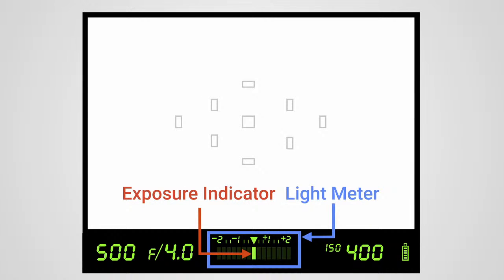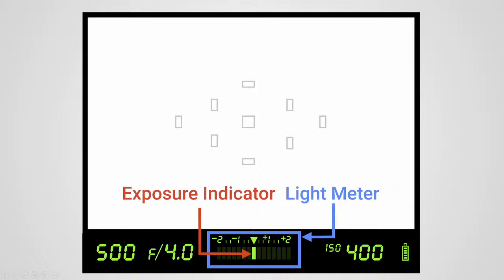we depend on our camera's meter. This is the light meter, what you see when you look through the viewfinder. The light meter at the bottom is the one which really shows whether it's underexposed or overexposed. So this one in the blue is the light meter, and within that there is an exposure indicator.